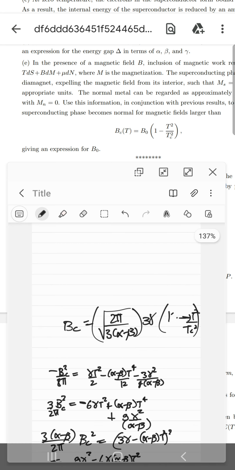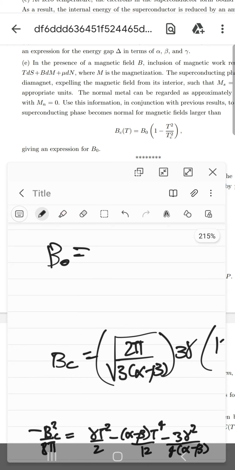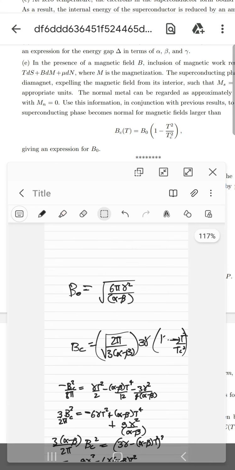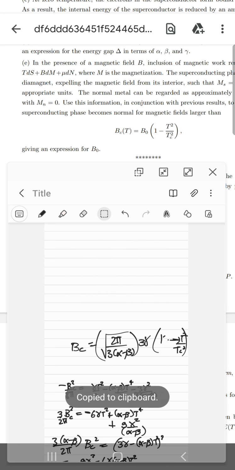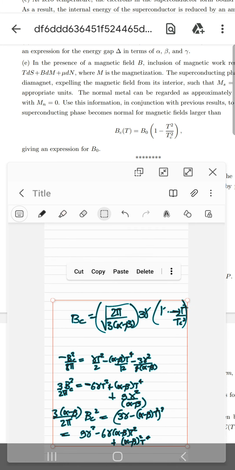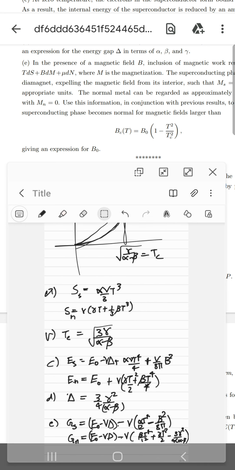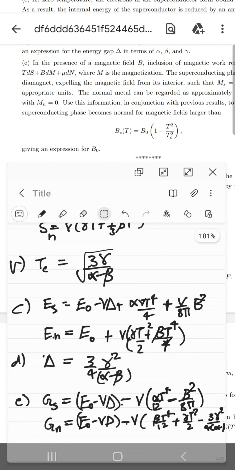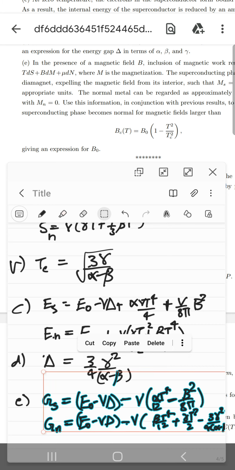So we just have b naught equal to, putting that inside, square root of 6 pi gamma square upon alpha minus beta. Amazing. This is the equation. Just cut that. We don't need all of this.